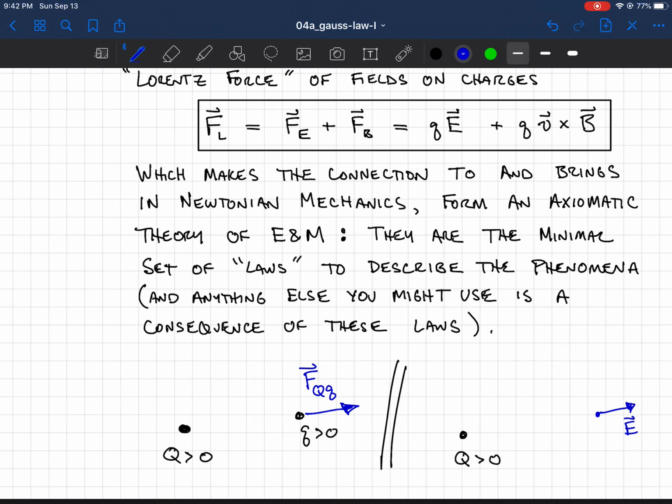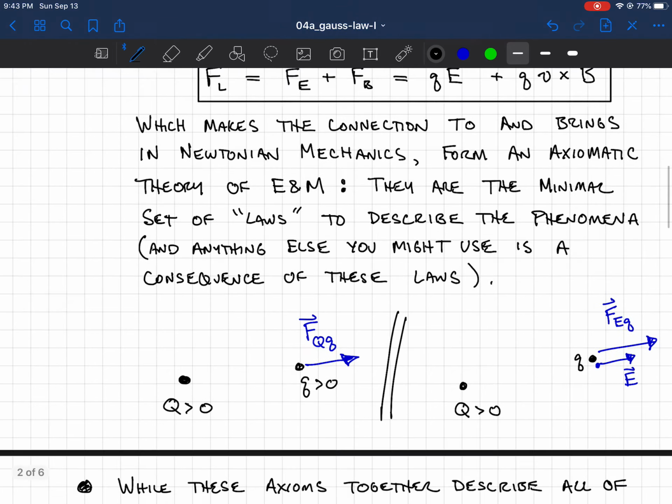And then that electric field itself, if you bring in another charge, little q, will cause a force on little q. And we call that the force of E on q. That's the electric force on a charged particle. So this was little q here. So you can see it leads to exactly the same consequences, but it's a different way of thinking about it. We think about the field instead of thinking about some force.